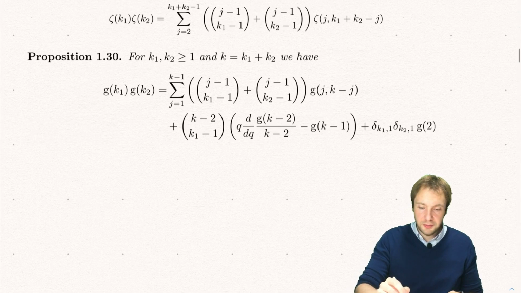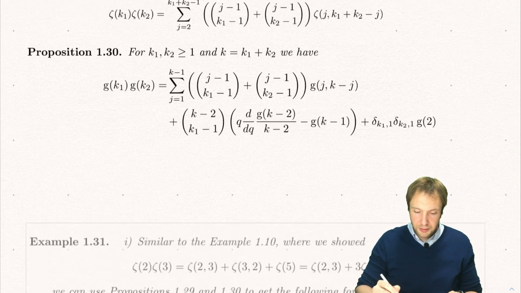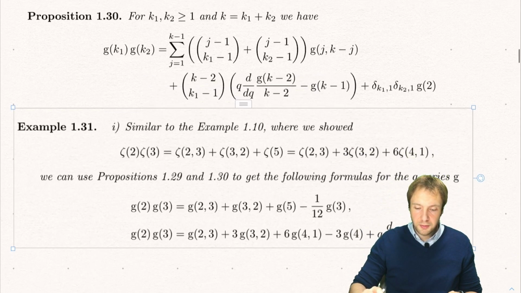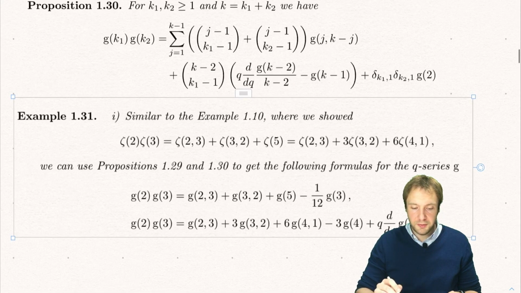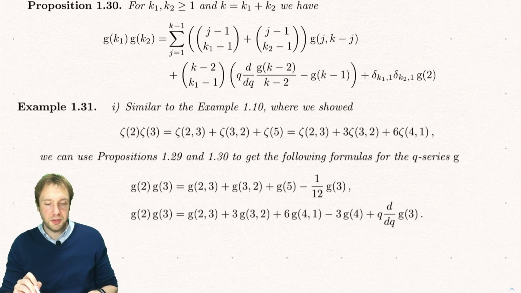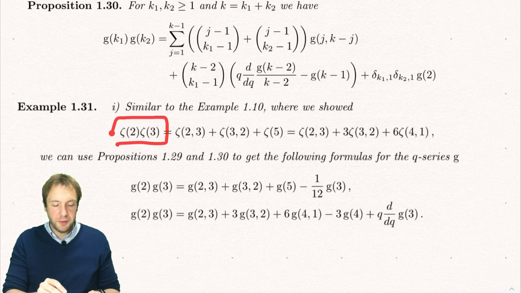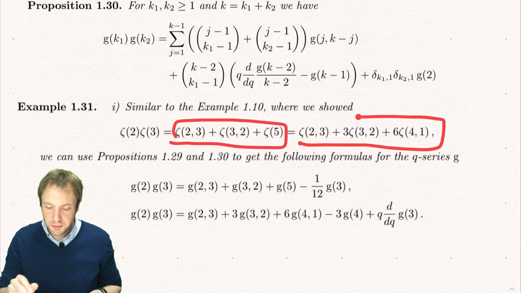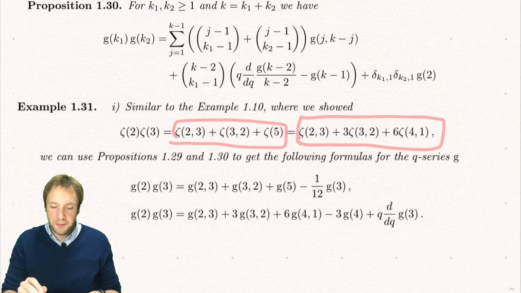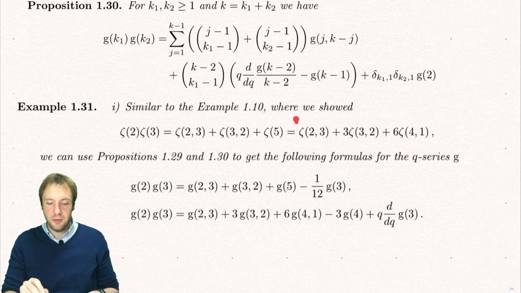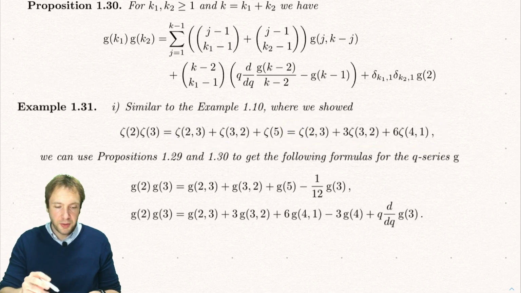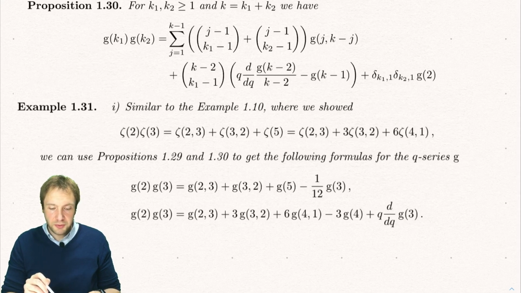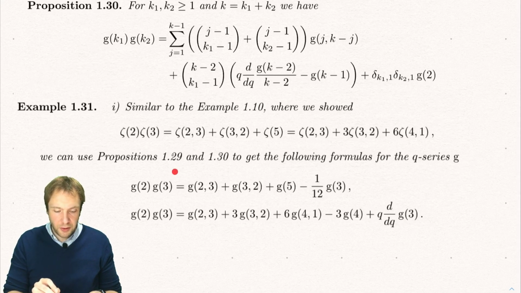So now let's do some examples. For the multiple zeta values, we did some examples for this stuffle and shuffle. If we multiply zeta 2 with zeta 3, then the stuffle product gives this, and the shuffle product gives this. And then we had a linear relation here called the finite double shuffle relations. And using these two propositions, we can evaluate these products.